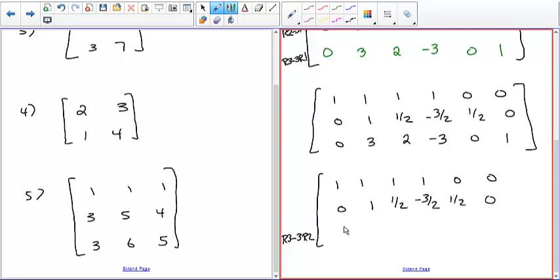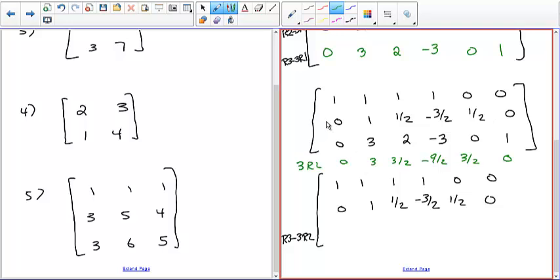Okay, and let's write in 3 times R2. So that's going to be 0, 3, 3 halves, minus 9 halves, 3 halves, 0.